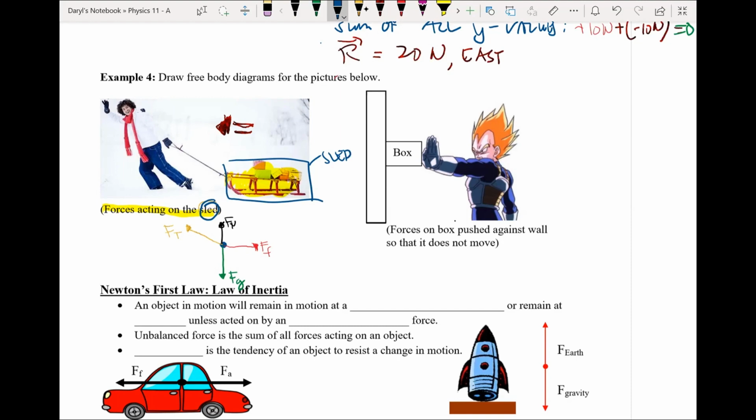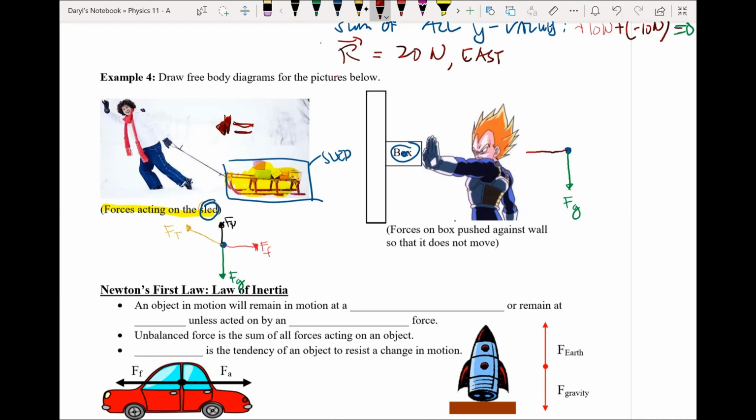So we can again represent the object. The box is your object. Now I'm gonna examine what are the forces acting on the box. Well, an obvious one is your gravity, because that is directed downward. Okay, there must be gravity, and it is directed towards the center of the Earth. And since Vegeta is pushing it, there must be a pushing force, and that pushing force is to the left.